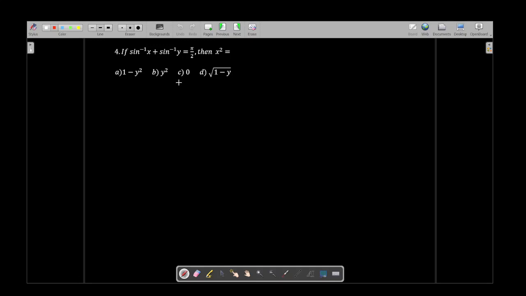Okay, we have sine inverse of x plus sine inverse of y equals pi by 2. So we know a formula where sine inverse of x plus cos inverse of x is pi by 2. So for this equation to be satisfied, sine inverse of y should be equal to cos inverse of x.